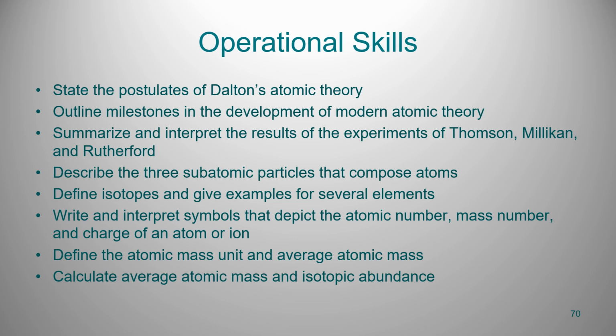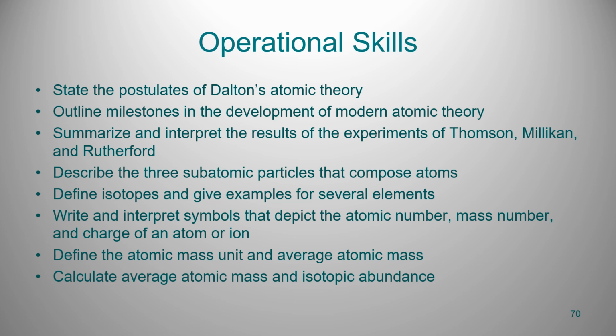Know the difference between atomic mass and average atomic mass. Define atomic mass unit. Atomic mass unit, you don't have to remember the number, but it's basically the relative mass of one proton or neutron. So what is the average atomic mass? The main thing is you want to know what the average atomic mass is and how that's different from the mass number.